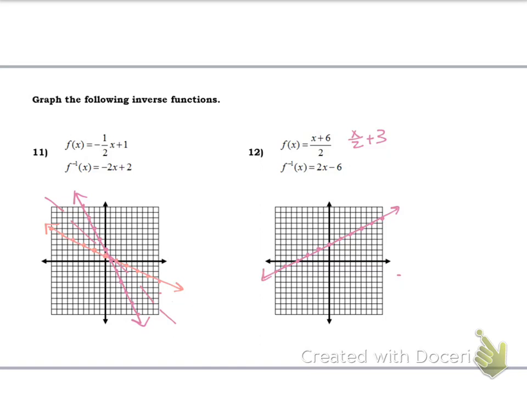Okay, my next one here starts at negative 6, and it goes up 2 to the right 1. Okay, so you can see it mirroring right across that line there.